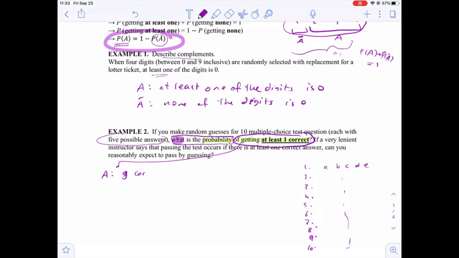Let me write it as getting one correct answer. Now, what is the complement of that? The complement is that all of them are wrong answers. None of them is correct.